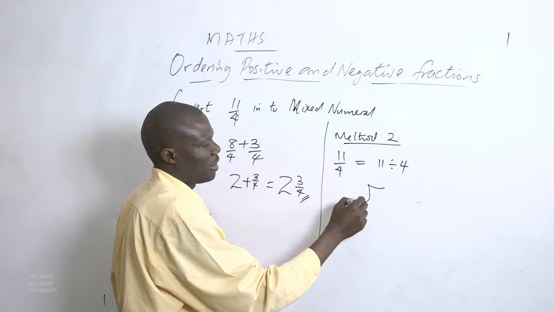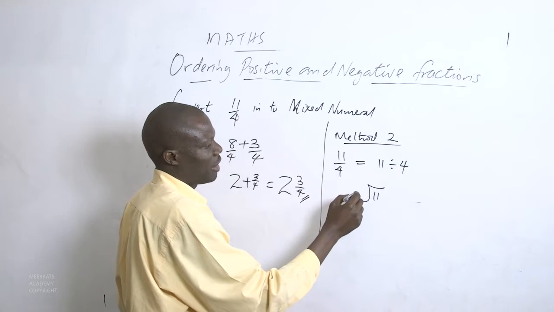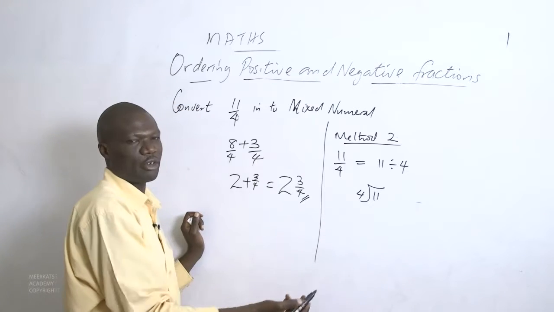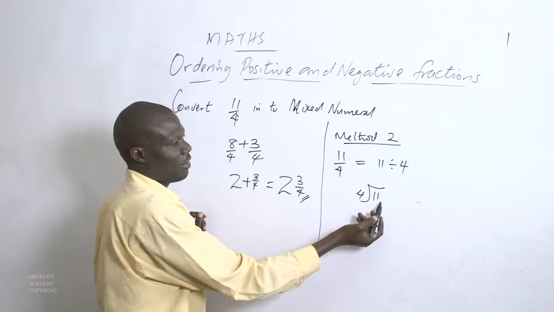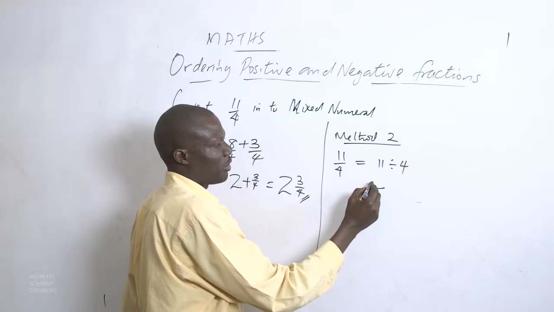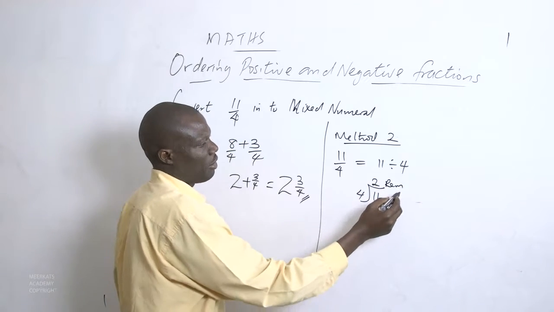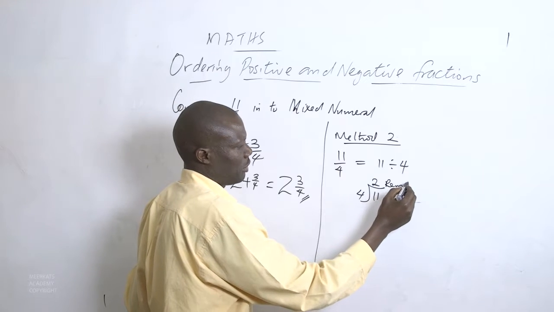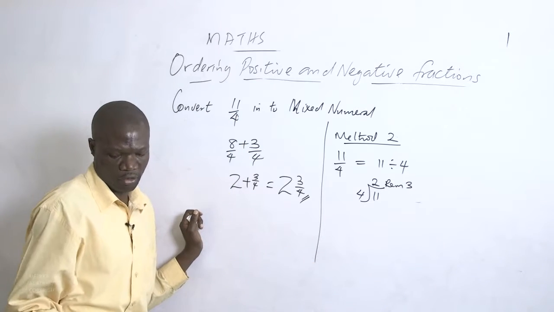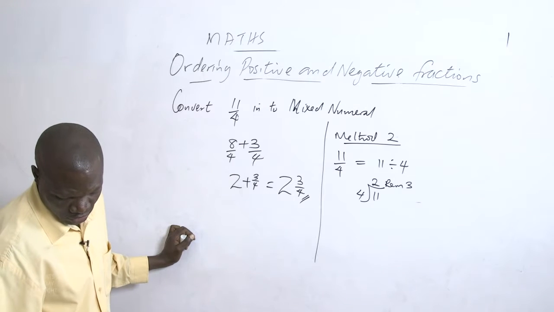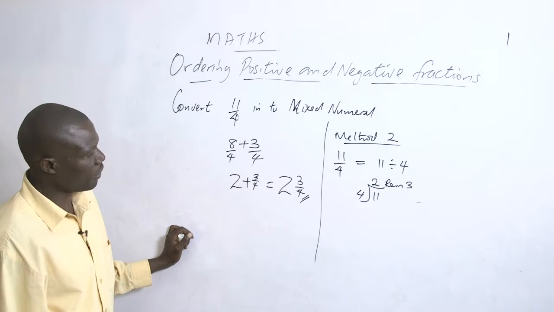You'll find that when you divide this, 11 divided by 4 will give us 2 remainder 3.